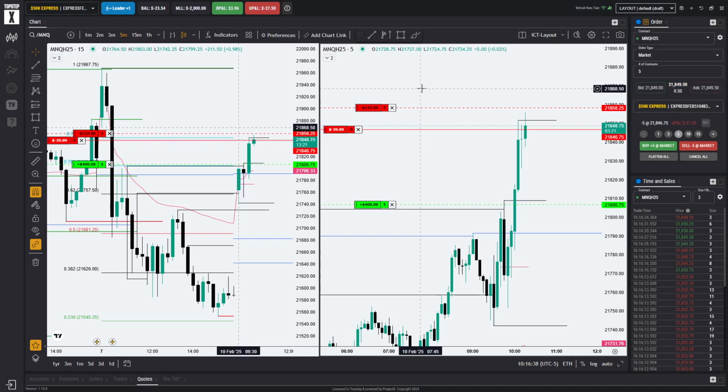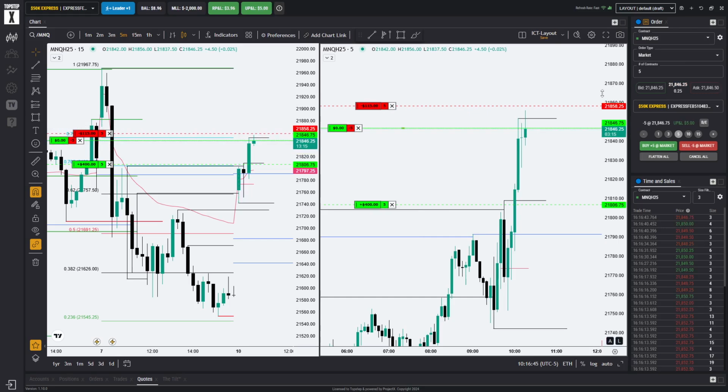I need to take some trades on the short side, to be honest, because it's time. Two minutes on this candle.